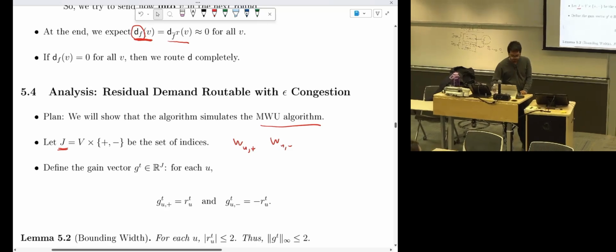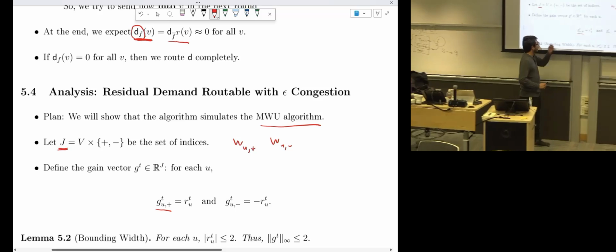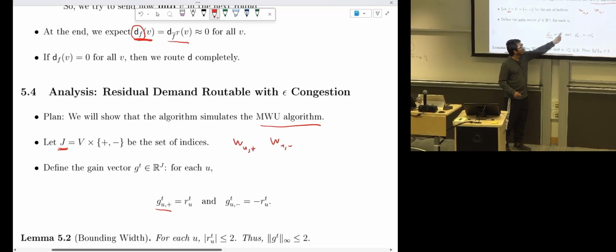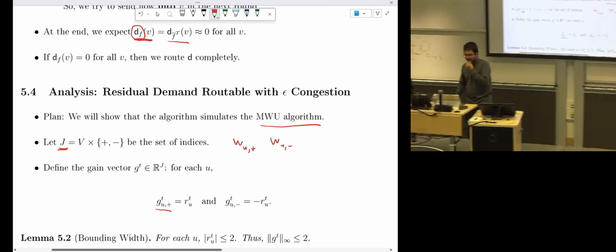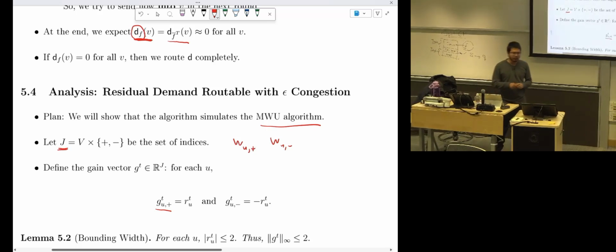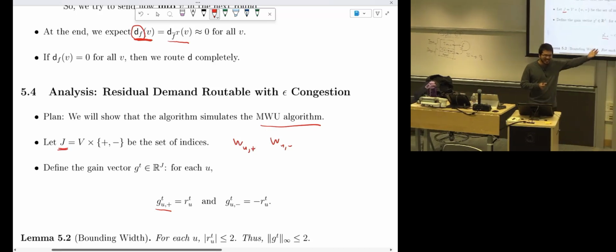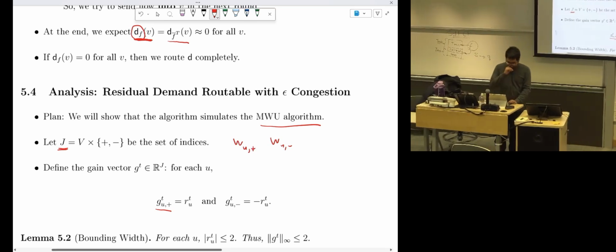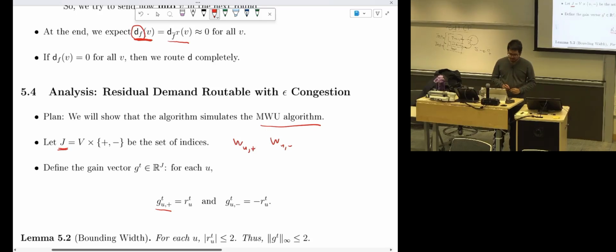And the gain vector, we're going to create the gain. The gain for u plus is just the relative excess of u at time t, and the gain for u minus is the negative of that. Okay. And this is the same gain as in the weight update algorithm.